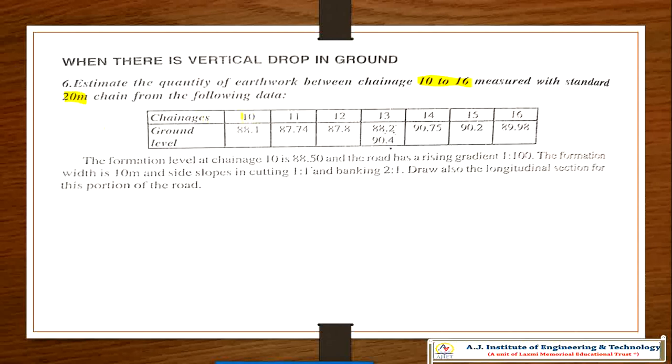So the chainages are 10, 11, 12, 13, 14, 15, 16, and so on.